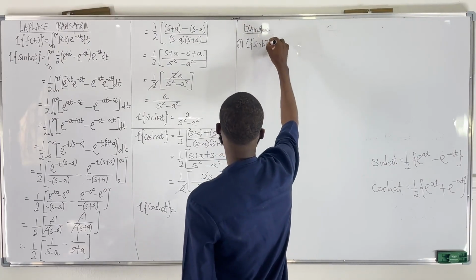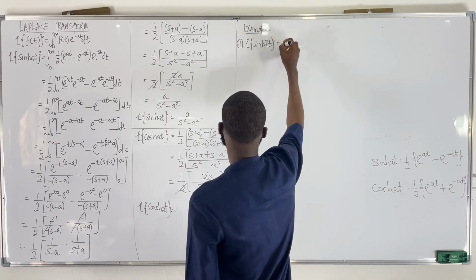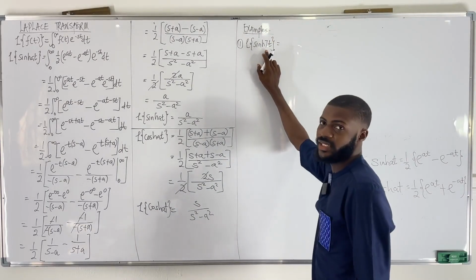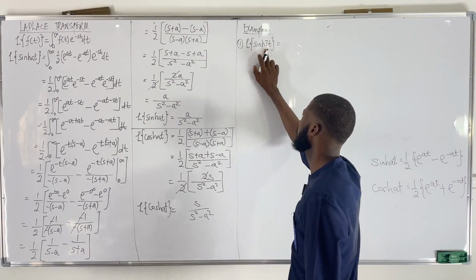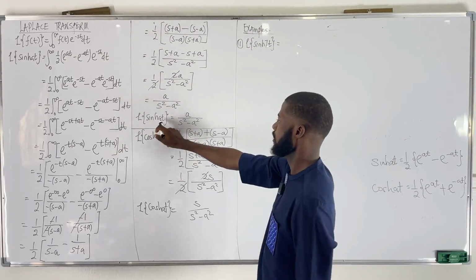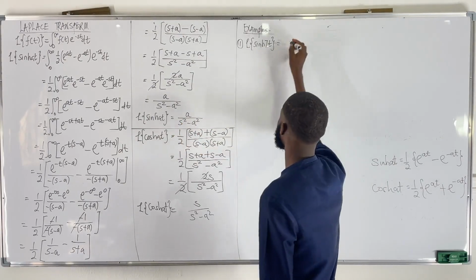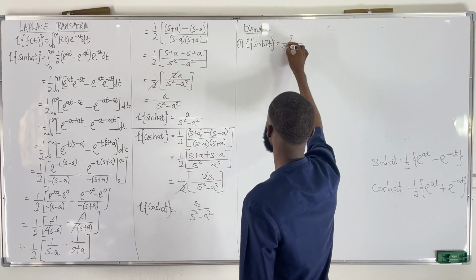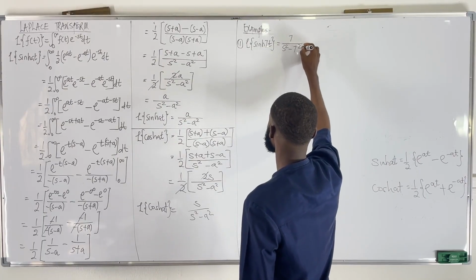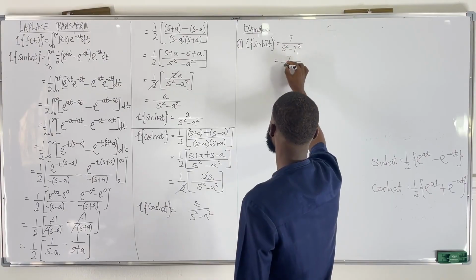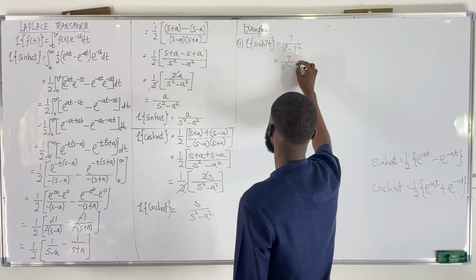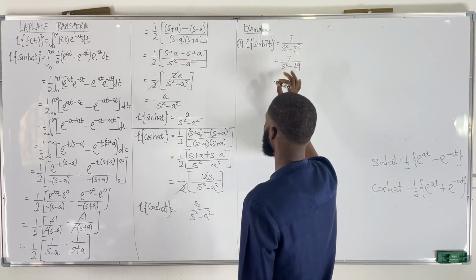Let's say 7t. Okay. Now in this case, the value of a here is 7. So this will become 7 over s squared minus 7 squared. So that would be 7 over s squared minus 49. So this is what we have.